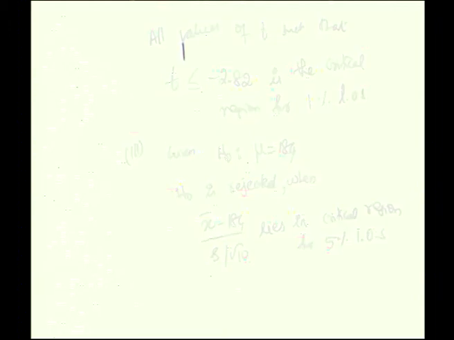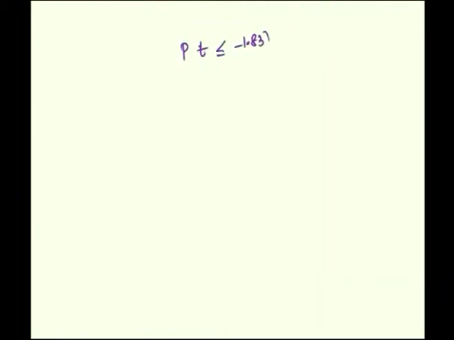So, we have just seen P of t less than or equal to minus 1.83 is the critical region for 5% level of significance. So, we take t less than or equal to minus 1.83 for rejecting H naught.